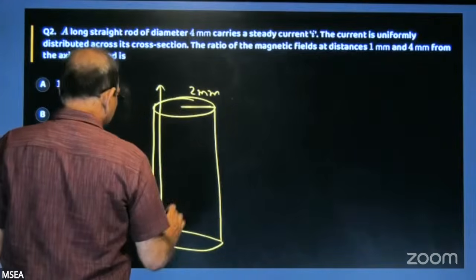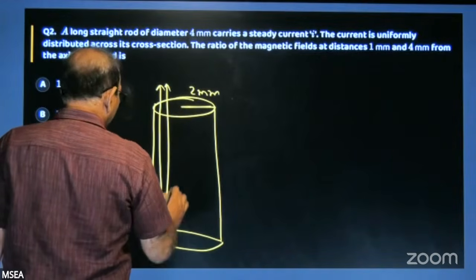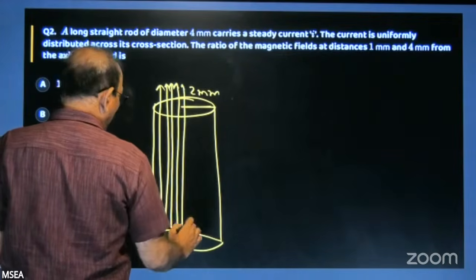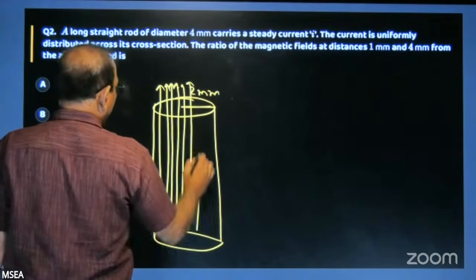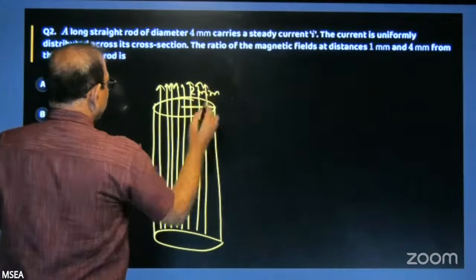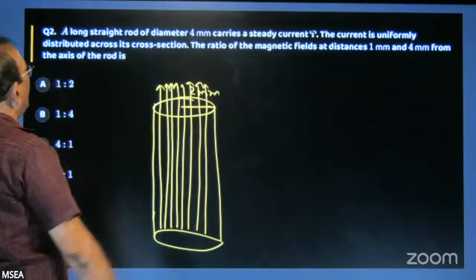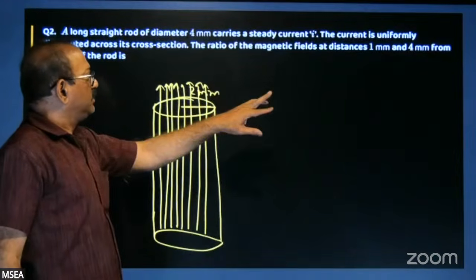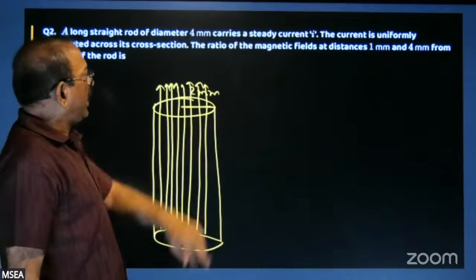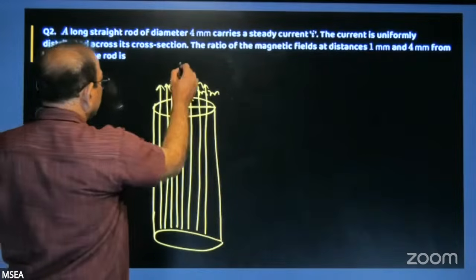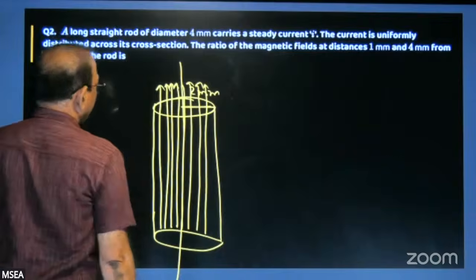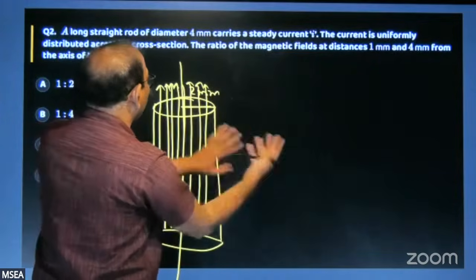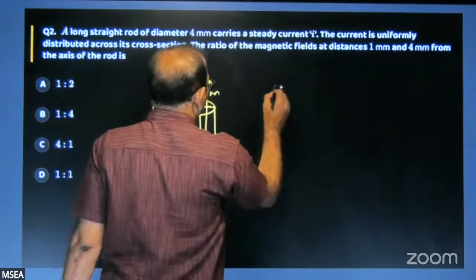It is a solid cylindrical conductor. Inside, current is there, it is not a hollow cylindrical conductor. Current is distributed uniformly throughout the cross section. The ratio of the magnetic field at a distance 1 mm and 4 mm from the axis. This is the axis, no? Middle line. 1 mm means inside, 4 mm means the point is outside. Very good question.